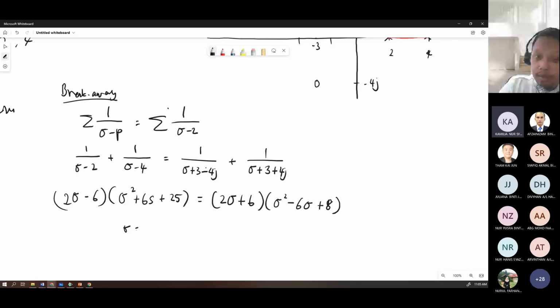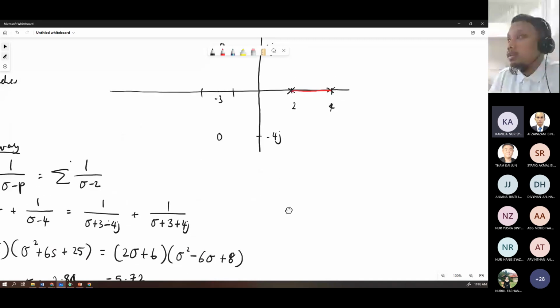So you get breakaway points at 2.889 and at minus 5.72. Okay, you can sketch this on the S-plane. So 2.89 is somewhere here, and then negative 5.7, so maybe here.